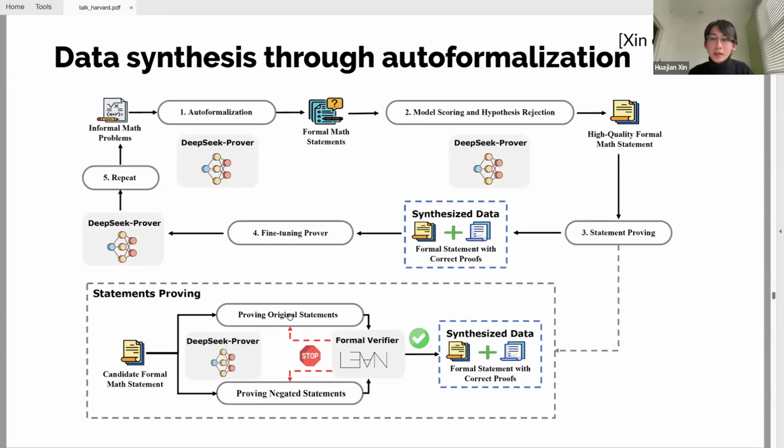That is, we decide whether an auto-formalization data pair is of high quality by whether it is provable.